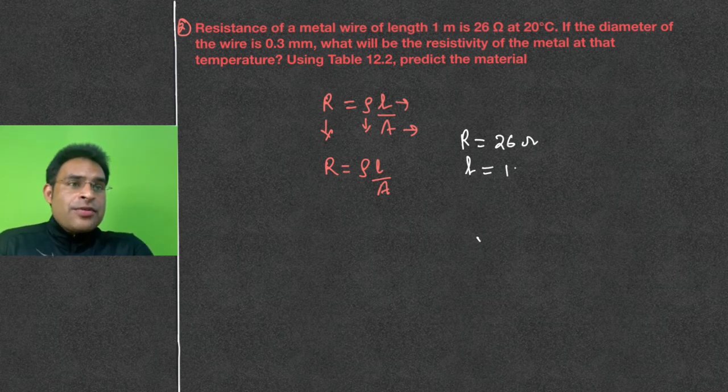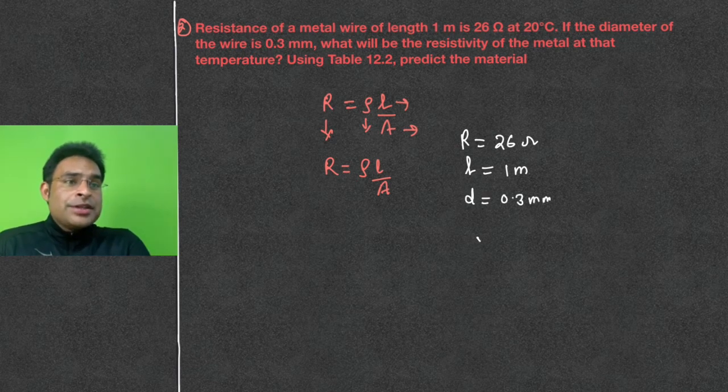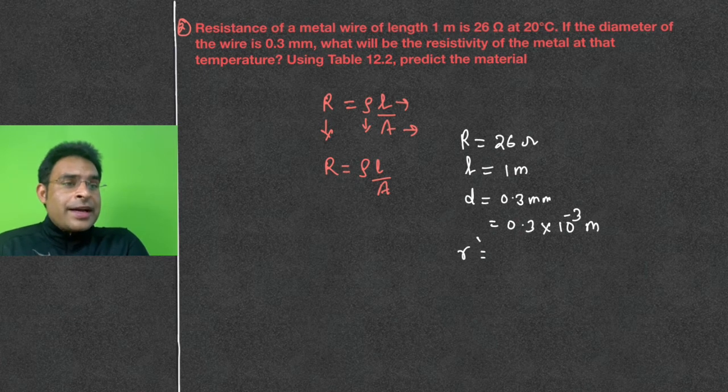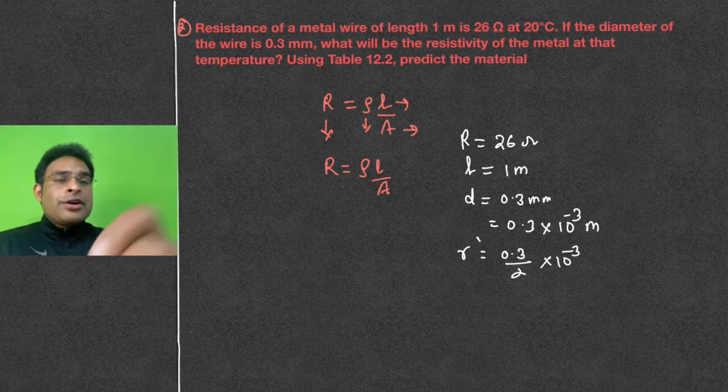L is equal to 1 meter, and the diameter is 0.3 millimeter. It means it will be 0.3 into 10 raised to minus 3 meter. I just converted millimeter to meter. That is the diameter. But what's the radius? Radius will be r is equal to 0.3 divided by 2 into 10 raised to power minus 3 meter.